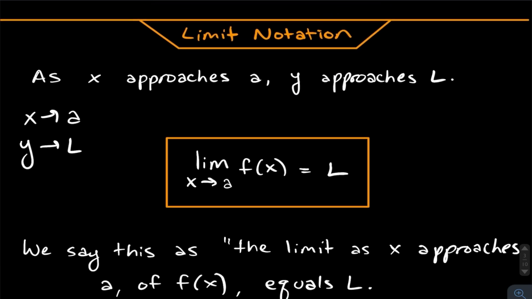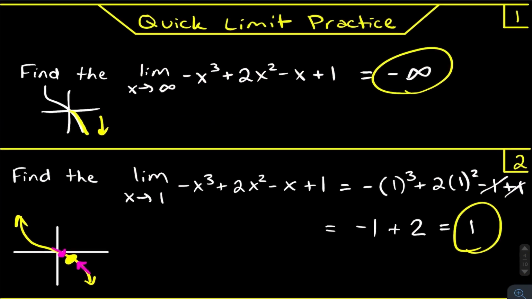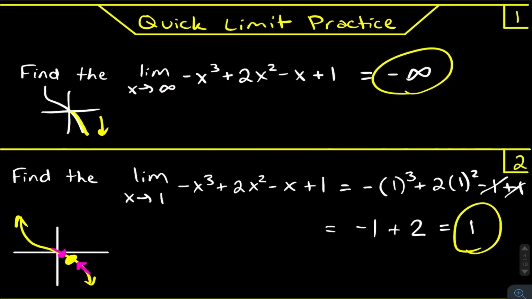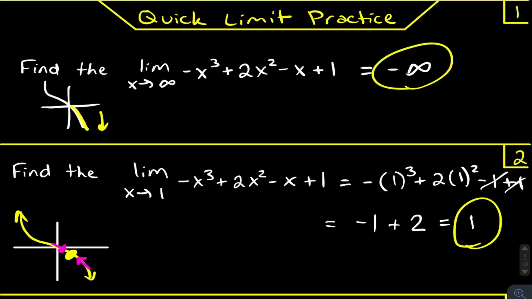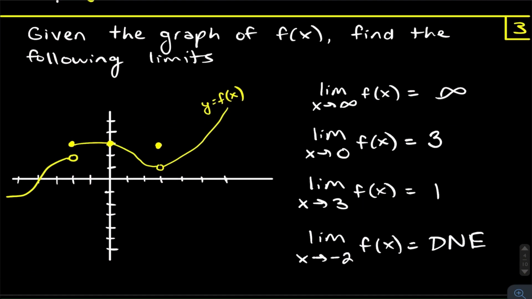We did the notation. We did some quick limit practice, right? We talked about end behavior. We did an example there, okay? And then we just saw that, well, for graphs that are completely continuous, right? They don't have any discontinuities that we need to worry about, right? They're not undefined when we plug in x equals 1, right? We can just end up plugging x equals 1 in, or x equals whatever in, right? Like a polynomial is a great example of that.